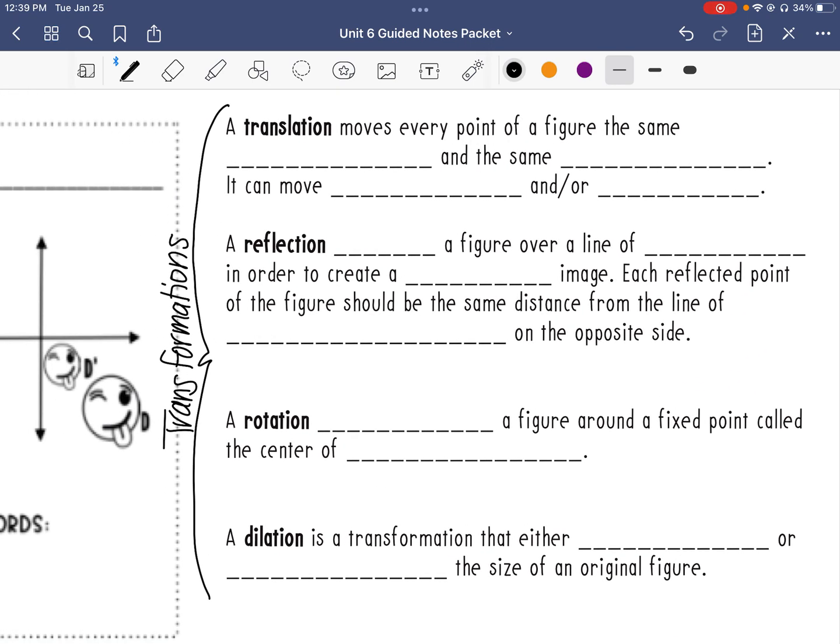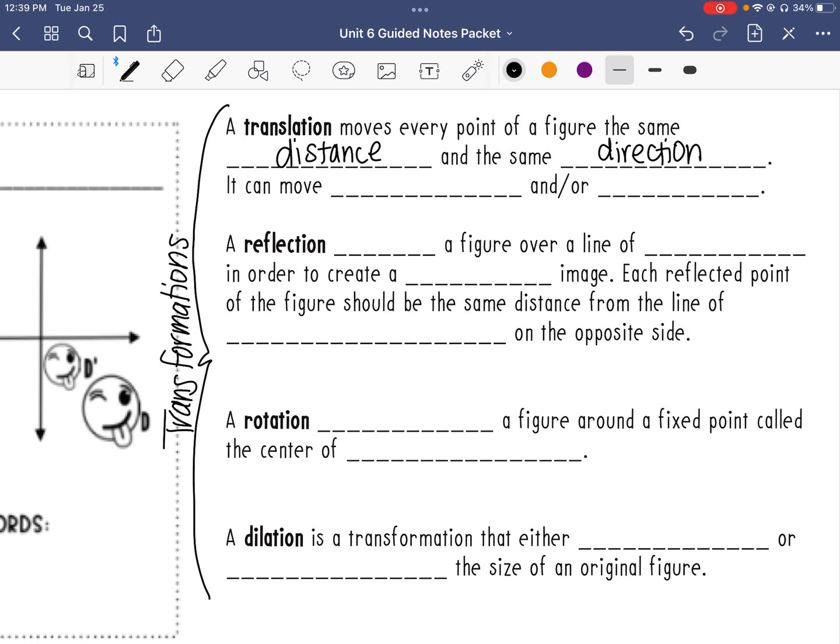Okay. So a translation moves every point of a figure the same distance and the same direction. Okay, so in the video you watched with the TED Talk with Tony, he talked about this with Woody. Woody slid across the stage.